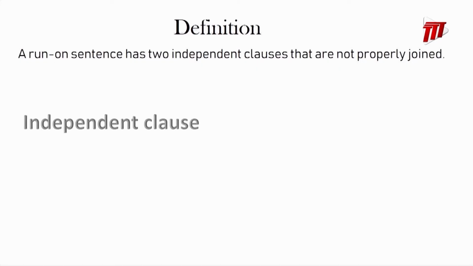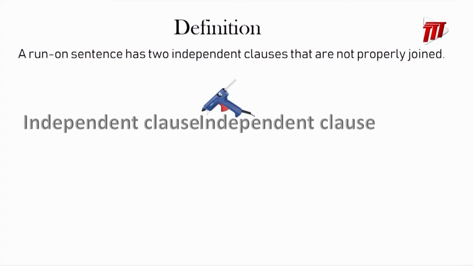A run-on sentence is a sentence that has two independent clauses, but there's a problem. You know what that problem is? The problem is that these two independent clauses are not joined properly. A visual of this would be you have an independent clause and then you glue another independent clause and smush them together.